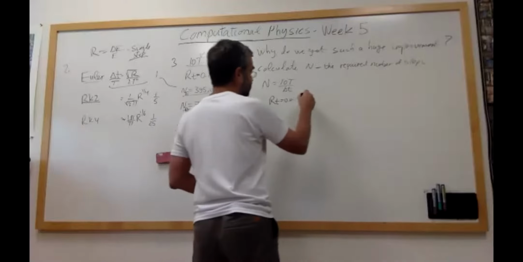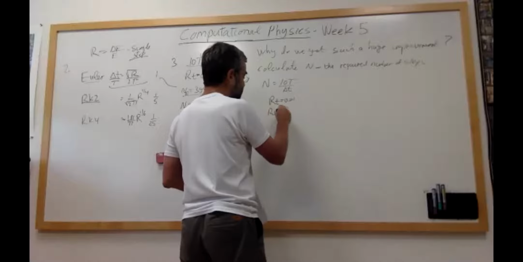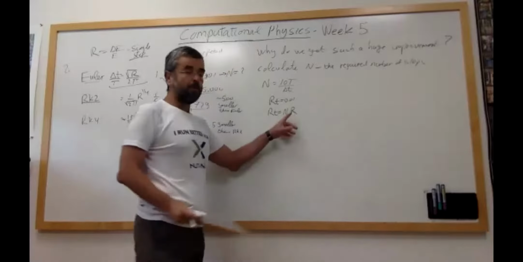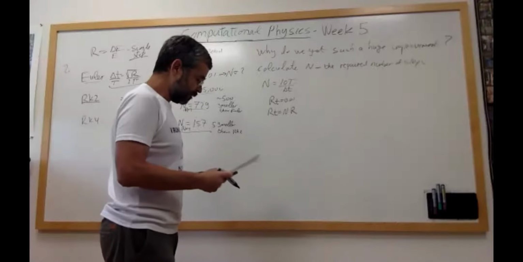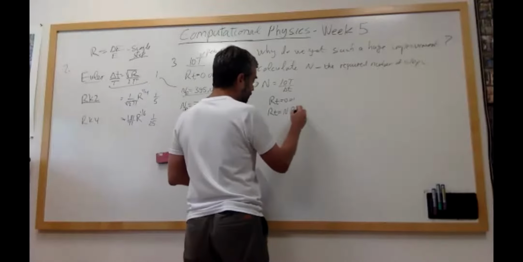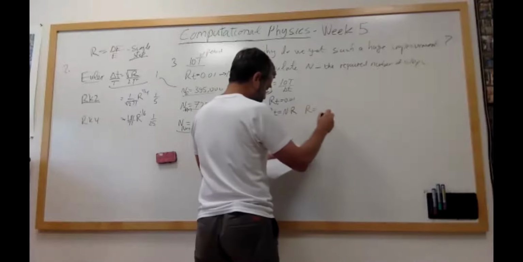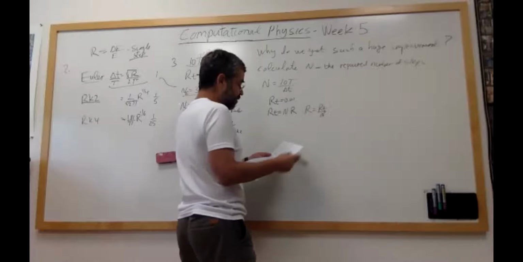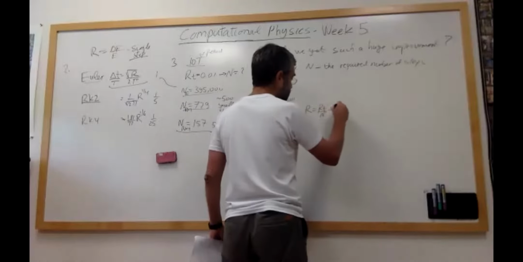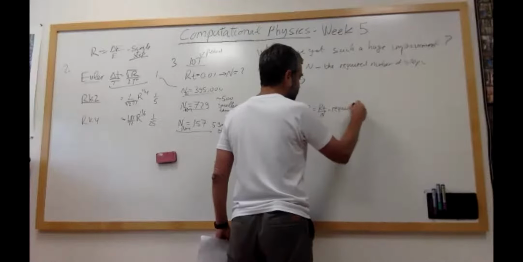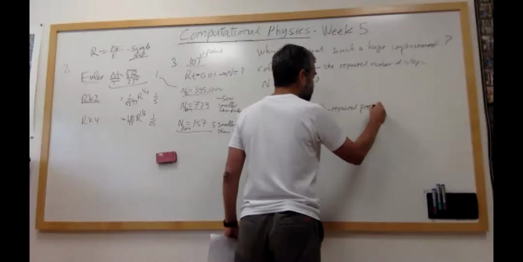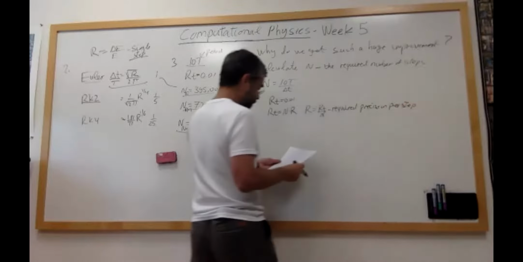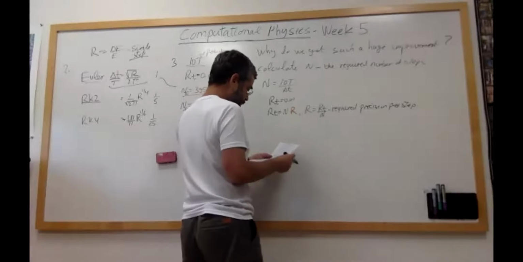Since the errors add up, the total error is n, the number of steps, times the error on one step, r. So r is R_T over n. This is the required precision per step. That's very simple.